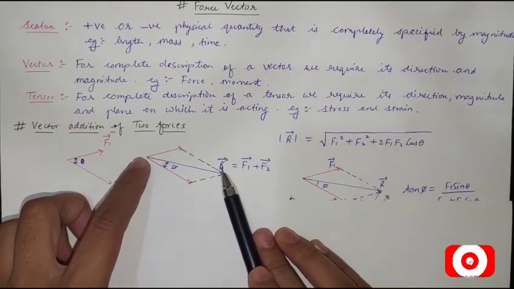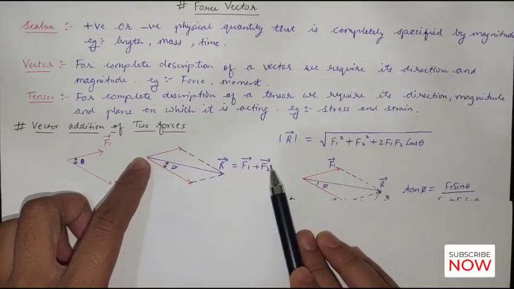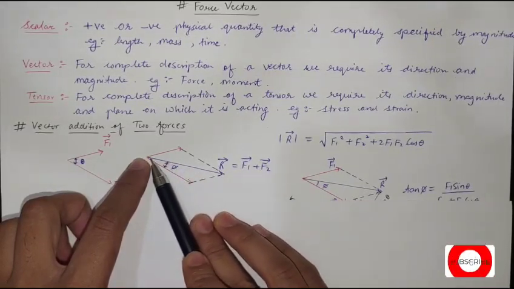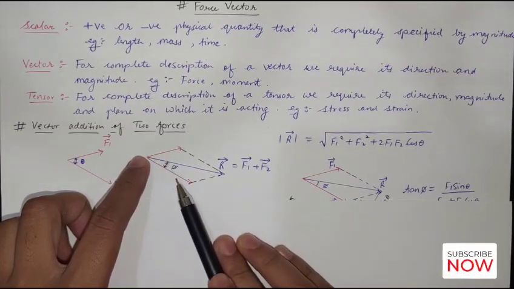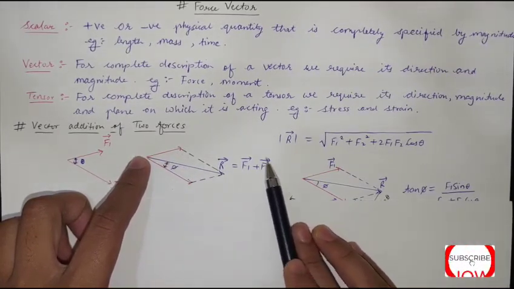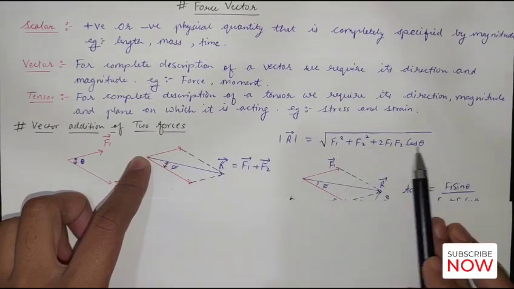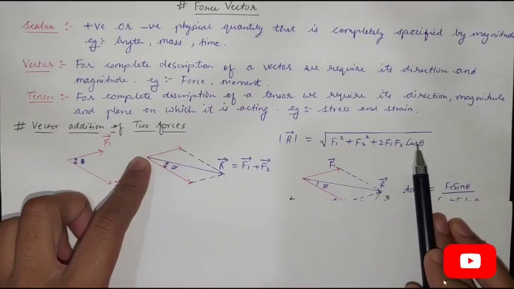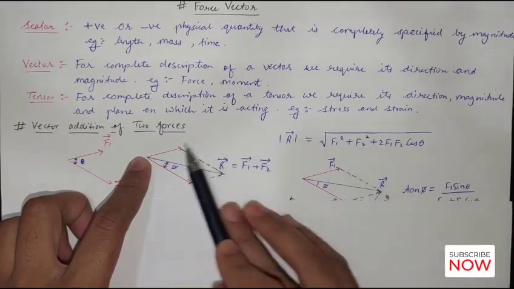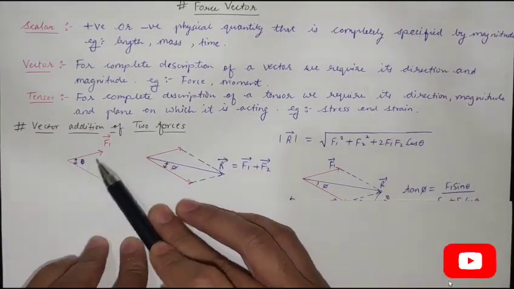So vector representation is with the arrow, and we have to add, but here we cannot directly add. Let's suppose this is of 1 magnitude and this is of 3 magnitude, so the addition will not be 4. Instead, if we want to find the magnitude, then we have to use this formula: the square root of F1 square plus F2 square plus 2 F1 F2 cos theta. F1 and F2 are the magnitudes of these forces, and theta is the angle between these two forces.